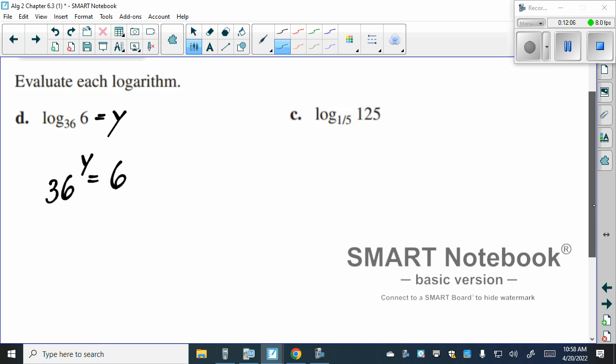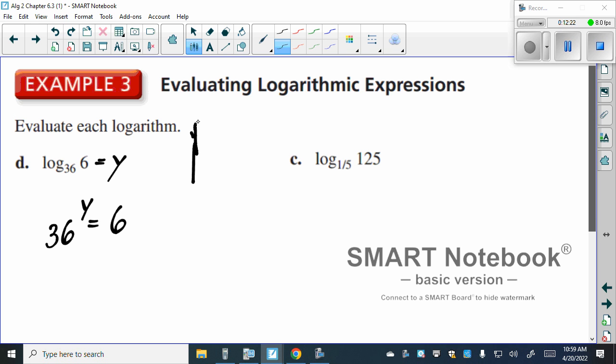What can I do to 36 to get back to 6? Yeah, we would square root, because the square root of 36 is 6. How can I write that as an exponent? The square root of 36 is the same as 36 to what? 1 over 2, because of our fractional exponents, the square root is the same as the 1/2 power, which really is telling me what?